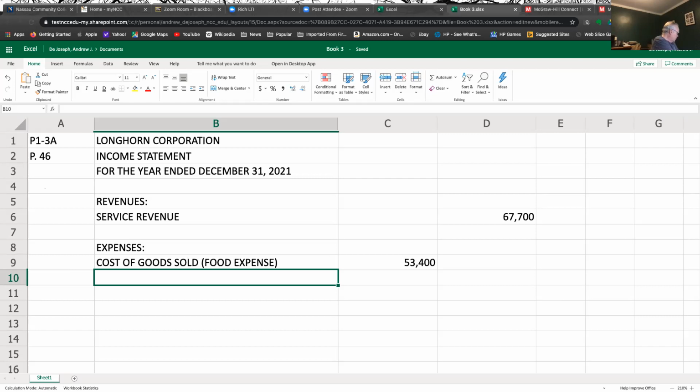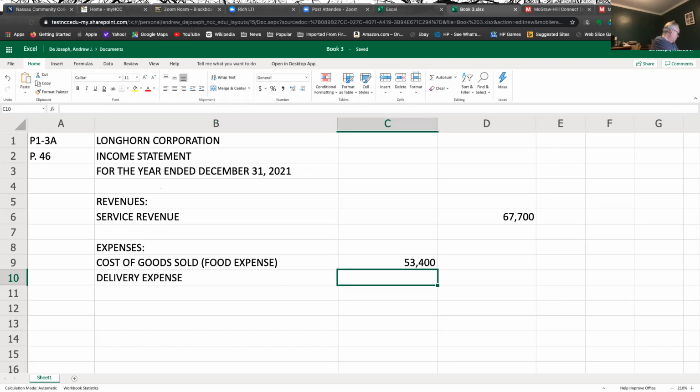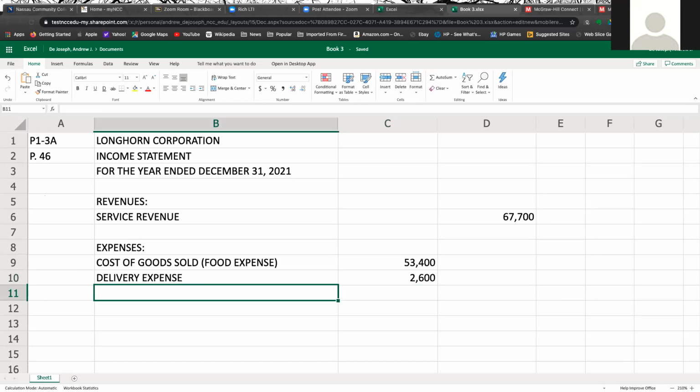Right, and now what other expenses did you have? Just go down the list. I see delivery. Delivery expense is $2,600. And salaries.